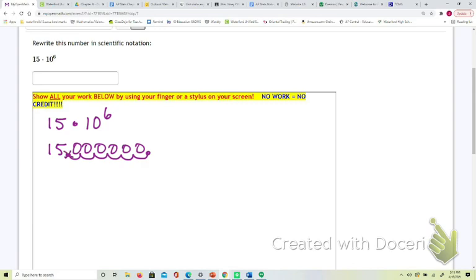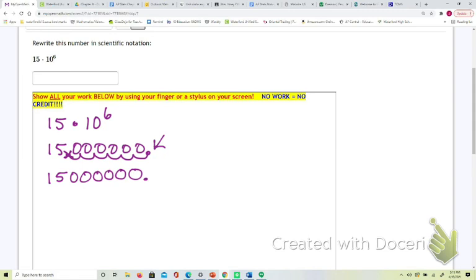So remember that that is not the decimal point anymore. Now it's over here at the end. Okay? Now, our job is to put it in scientific notation. So now I have the number that's in standard form, 150000000, and my decimal point's at the end.